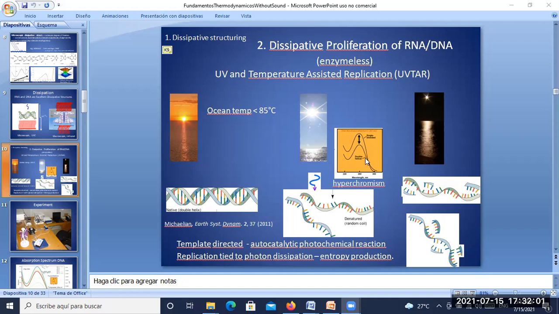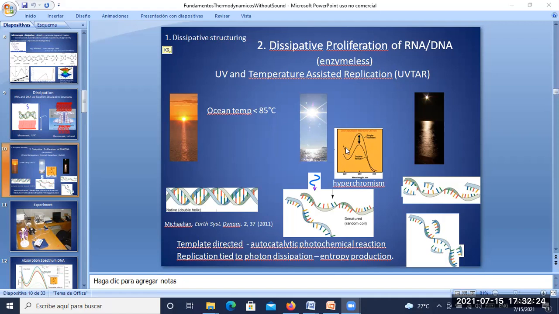We get about a 30 to 40% increase in the absorption when DNA is denatured. That is just because the bases open up. In the double-strand form, they are piled one on top of the other, so they are somehow shielded from the ultraviolet light coming in. In the denatured case, they are less shielded, so they start absorbing more.